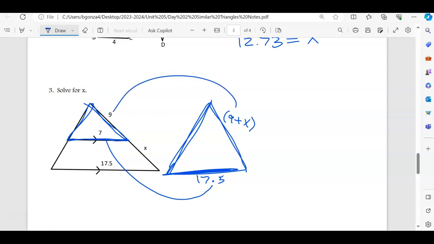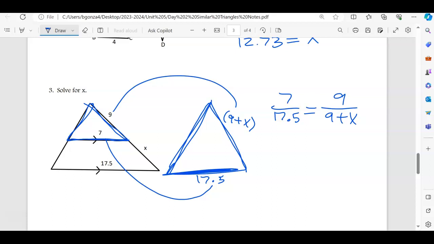Can you make those two fractions and then cross multiply and divide? Let's set it up. 7 over 17.5 equals 9 over 9 plus x. This looks like, to me, similar to our warm-up.